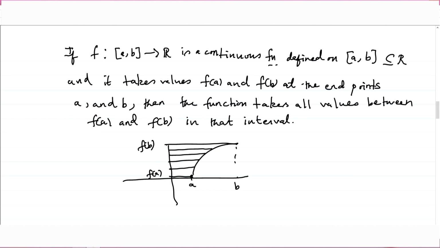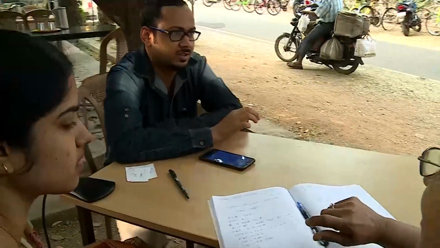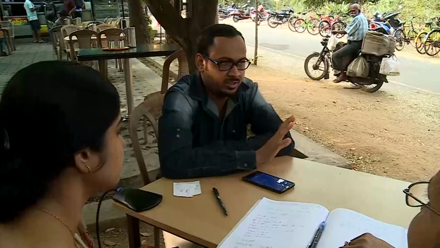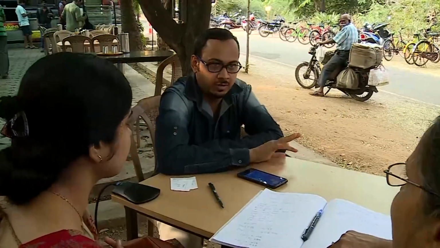So, this seemingly simple property has far reaching consequences. Let me ask you this question: is there an irreducible cubic polynomial with real coefficients? You are asking whether there is a polynomial of degree 3 which cannot be factored into polynomials of degree 1 and 2?